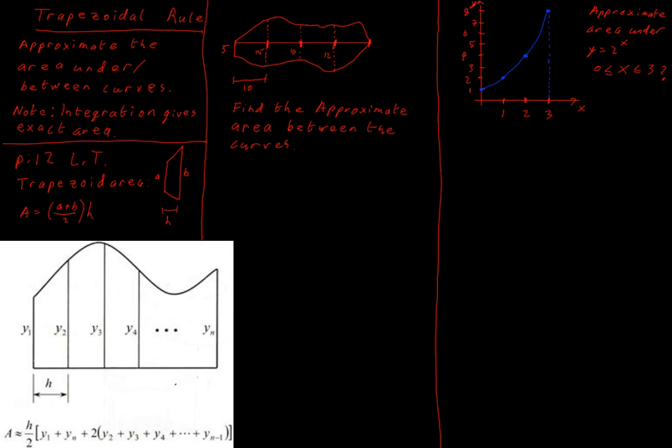We rearrange the algebra of the formula in order to give us one big equation that we're going to sub into. So here we've got our formula. We have the h divided by 2 sitting out here from all of our trapezoids. They all have the same height, which is effectively the distance between each one of our measurements here.